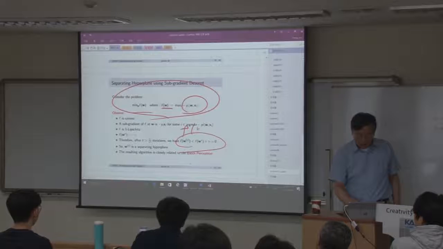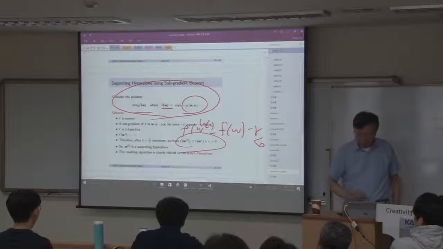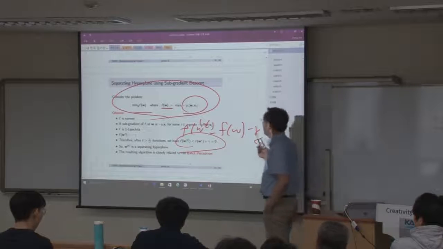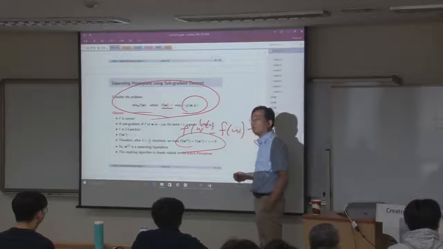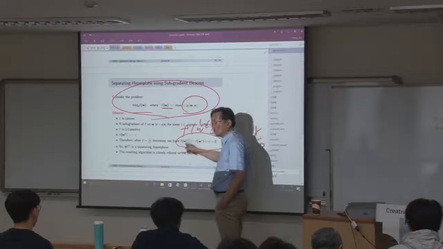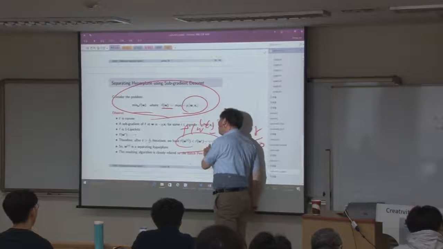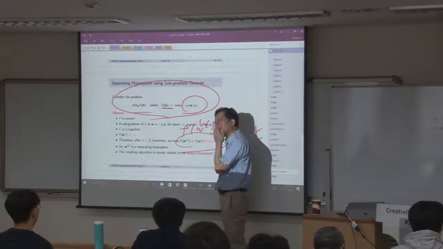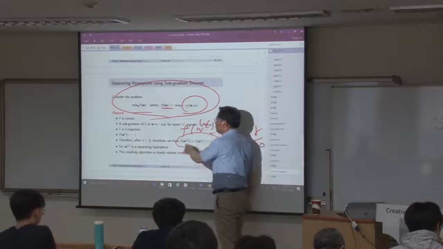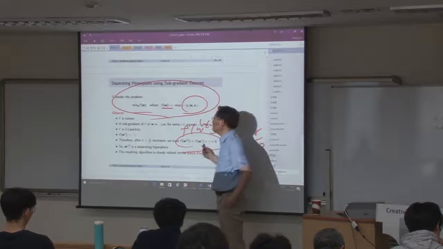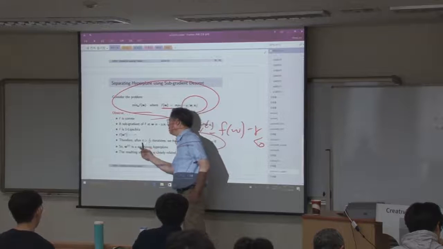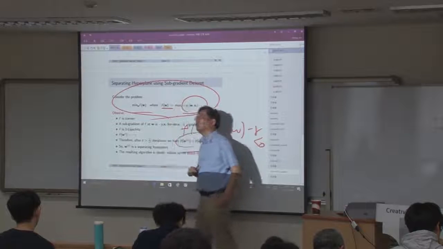Remember I said this. Is less than 0. Feasibility, remember? I want my W to be near this value, at least gamma distance away, right? This would take at least gamma squared over 1 iterations.